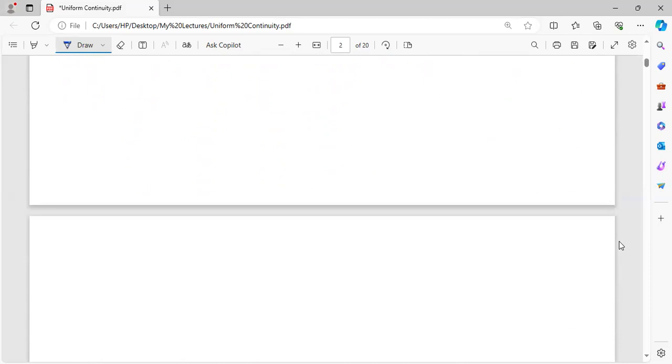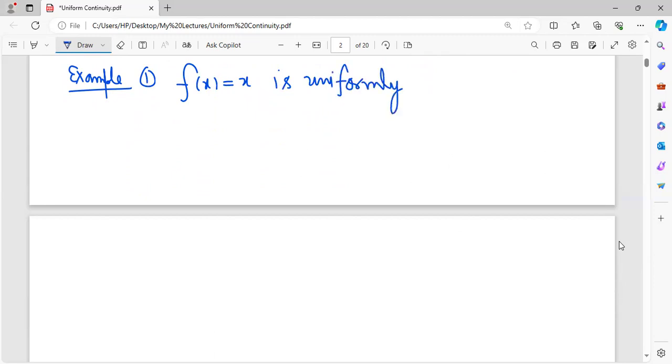Now we see some examples of uniformly continuous functions. Example 1: f(x) = x is a uniformly continuous function on R. Why?